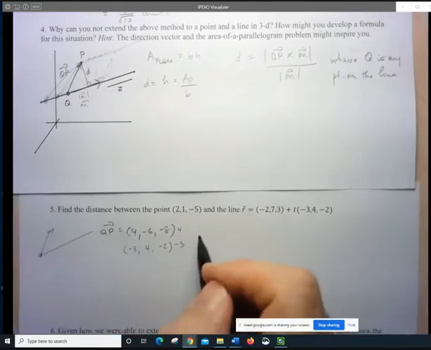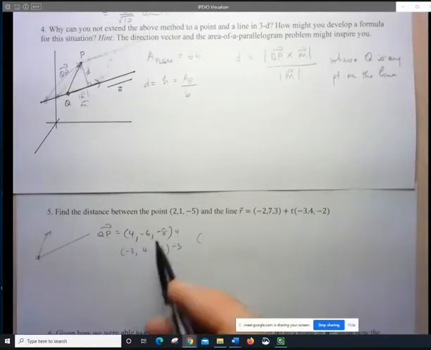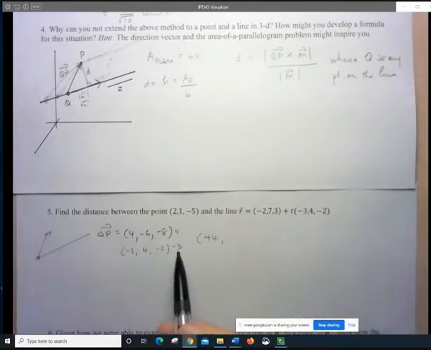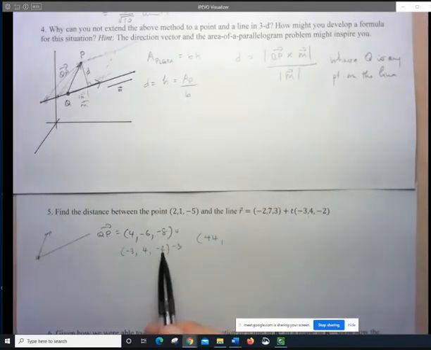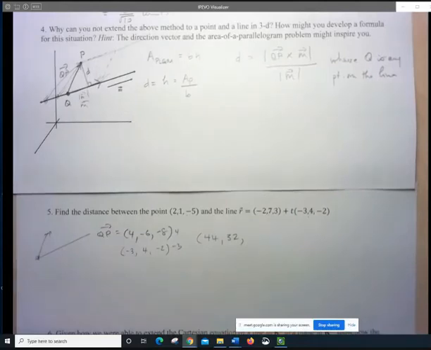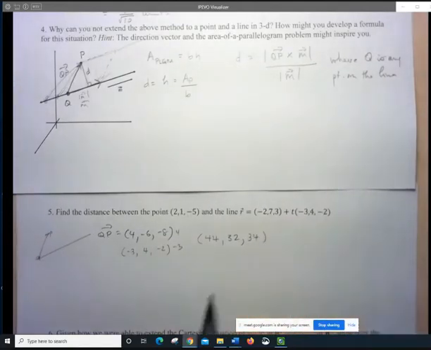And so let's see what we get with the cross product. So we get 12 minus negative 32. So 12 plus 32 is 44. Here we get 24 minus negative 8. So 24 plus 8 is 32. And then we've got 16 minus negative 18. So 16 plus 18 is 34, right?